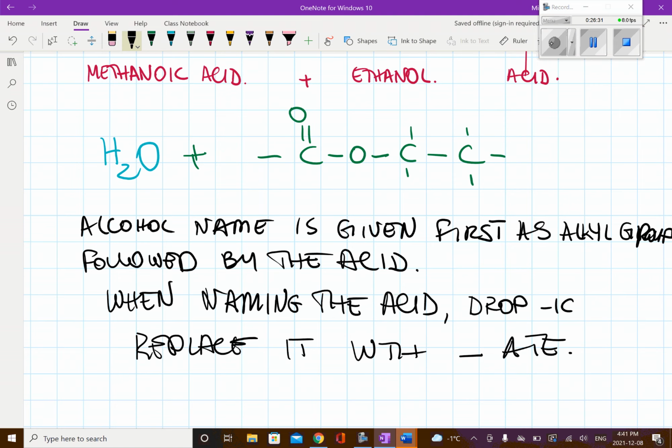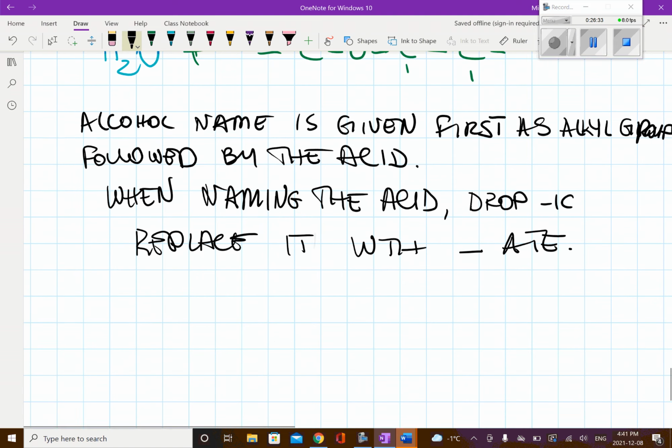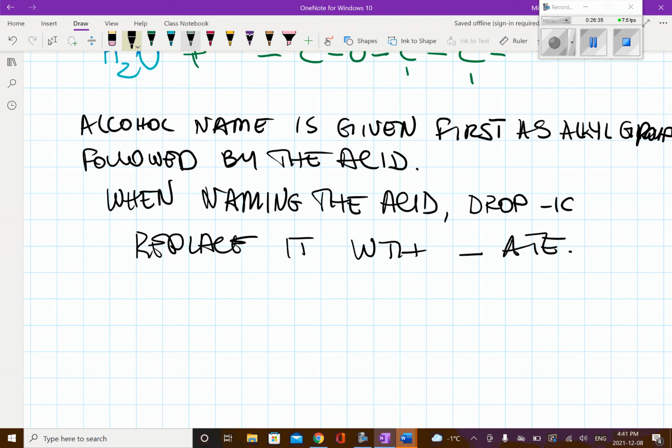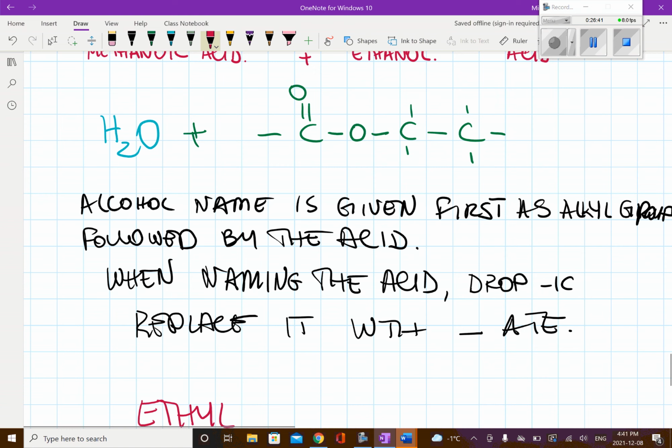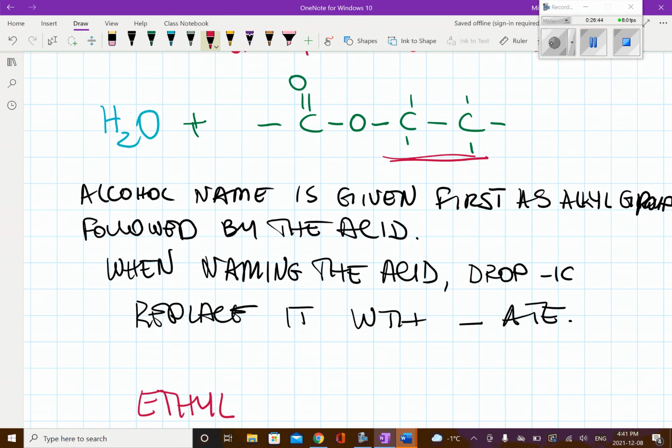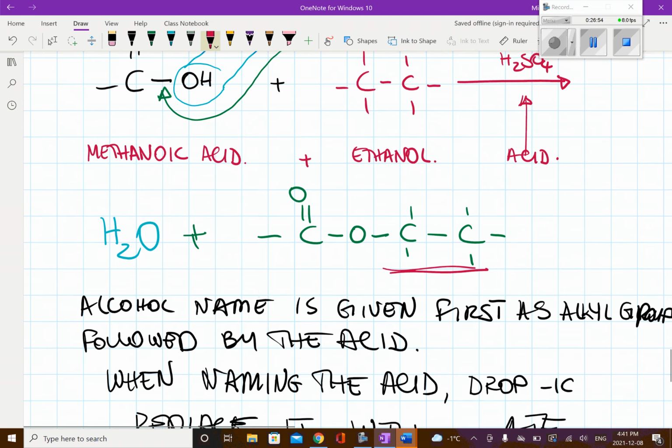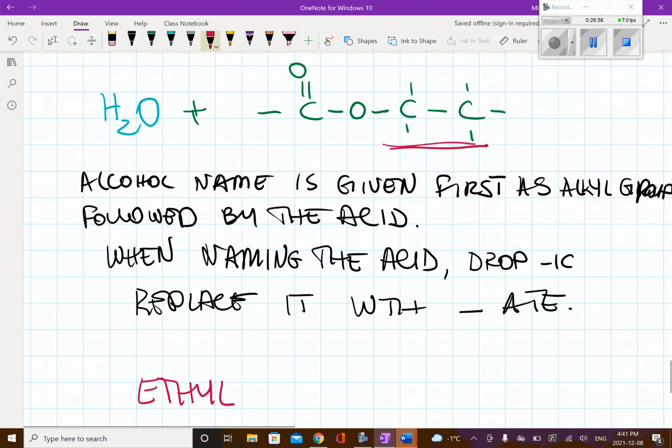So here in this case, we'll start with the alcohol. The alcohol is ethyl. And then we move to the acid, which was methanoic acid.